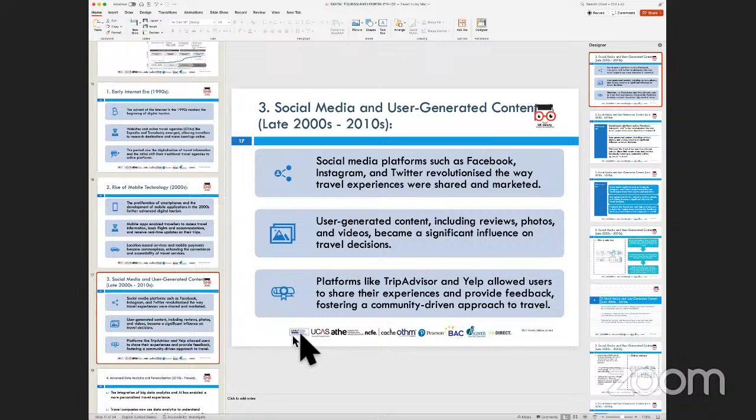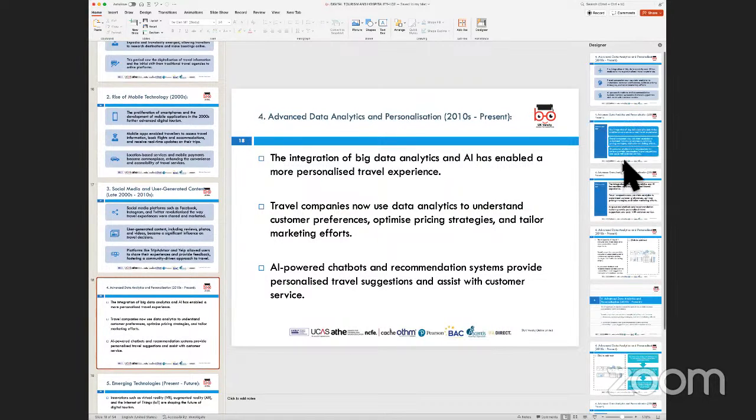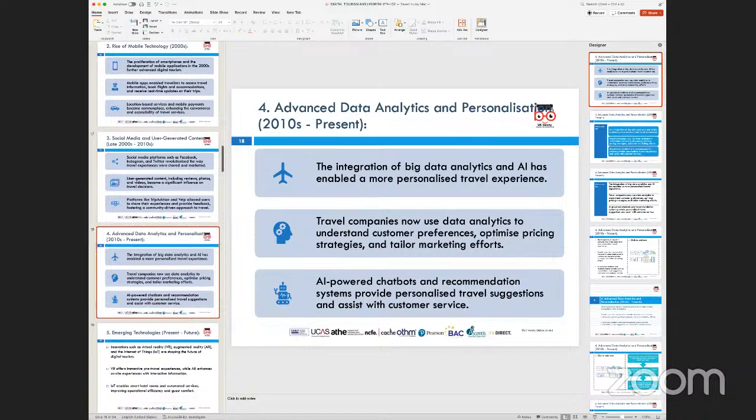When we look at booking destinations or holidays today, we definitely look at reviews left by previous customers who have stayed in that location, and sometimes the preference to book an airline or a hotel is mostly dominated by what we read about the experience of previous customers. That is something you would cover in this particular assessment criteria.